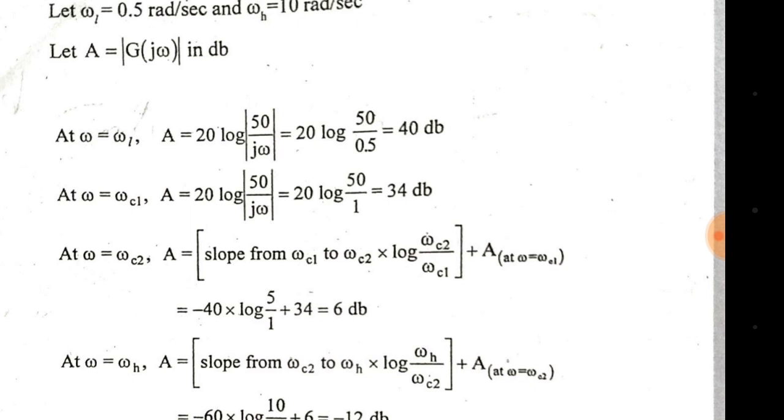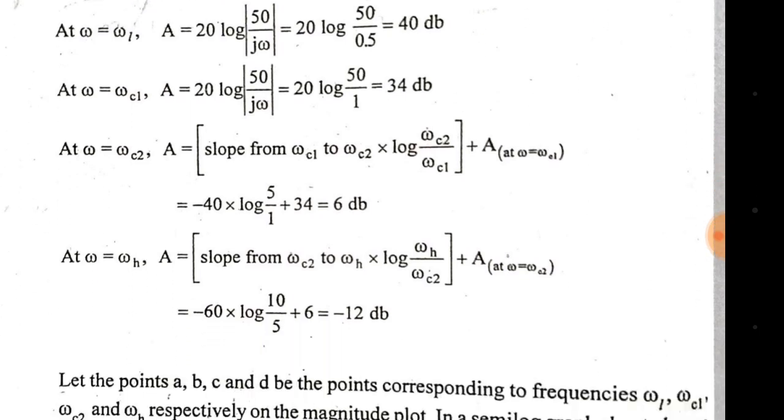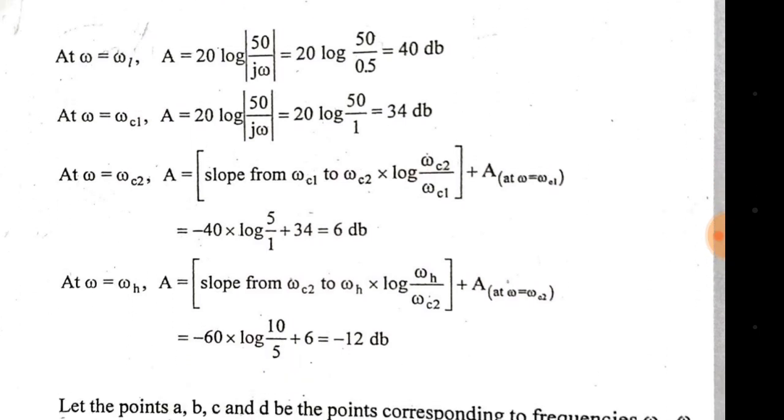So minus 40 log 5 plus 34 is equal to 6 dB. And thus the gain at omega equal to omega H, with the same equation, we get minus 12 dB.